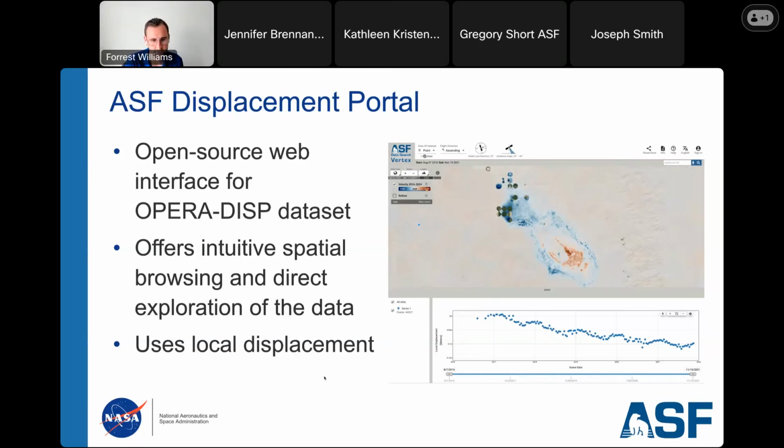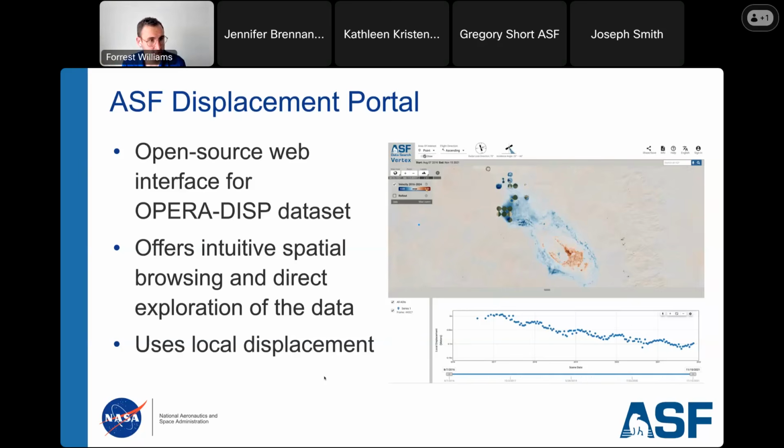And just an important caveat to mention is that we are using the local displacement in the ASF displacement portal. So just be aware that the signal you're seeing is related to this local displacement layer within the products and not the standard displacement layer.